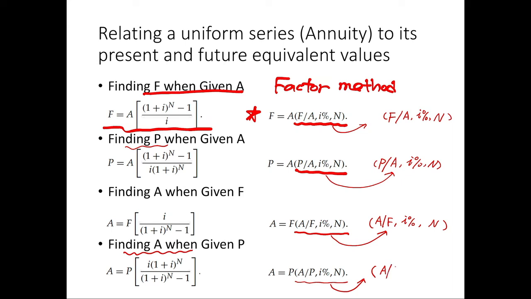And next, given P and I% and N. Practice this. Pause on this slide and try to write down the factor on paper and compare if you got the same answer. That's very important.